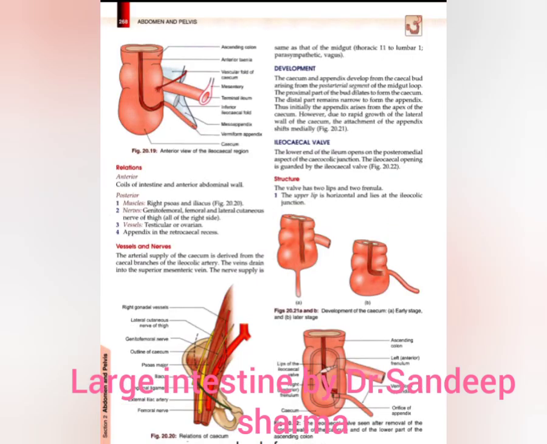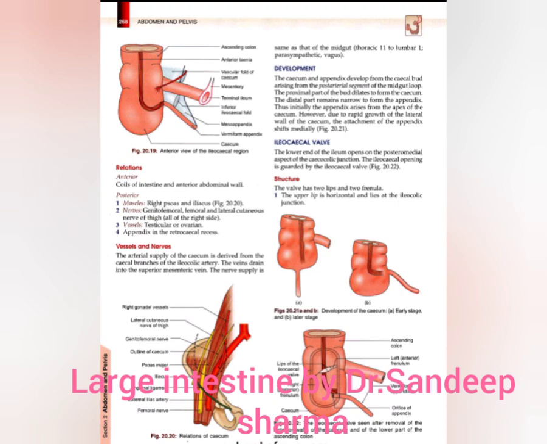Now we will go to the relations of the cecum. Anteriorly the cecum is related to coils of intestine and the anterior abdominal wall. Posteriorly it is related to muscles like the right psoas muscle and iliacus muscle. Nerves related to this are the genitofemoral, femoral and lateral cutaneous nerve of the thigh. Vessels are testicular or ovarian, and the appendix is in relation in the retrocecal recess.